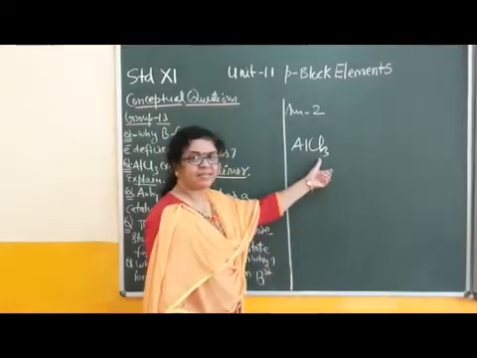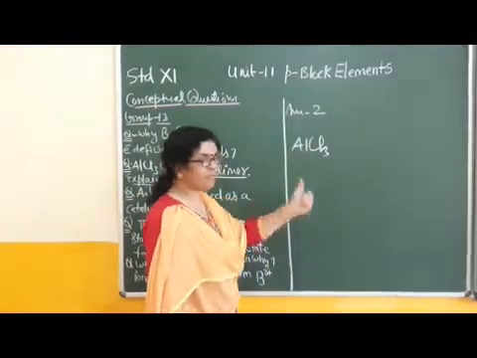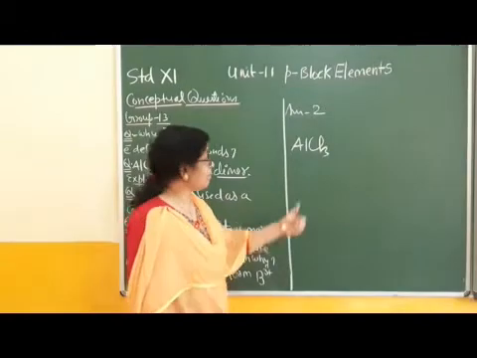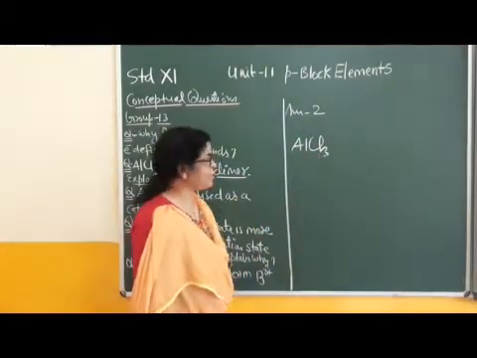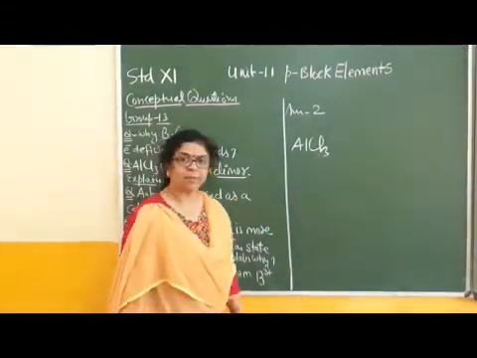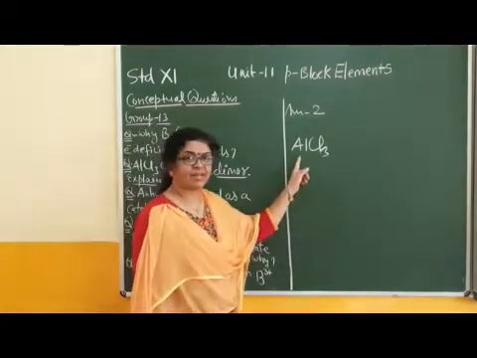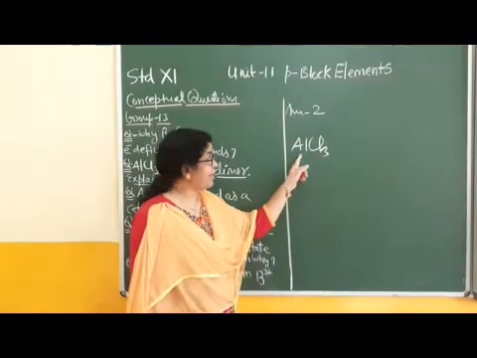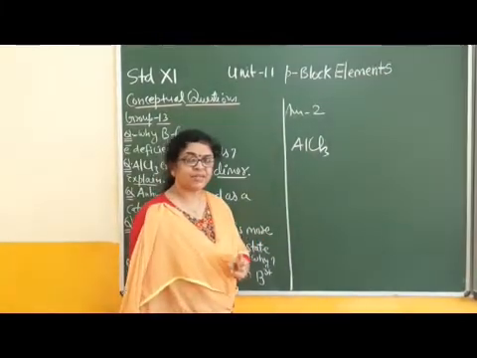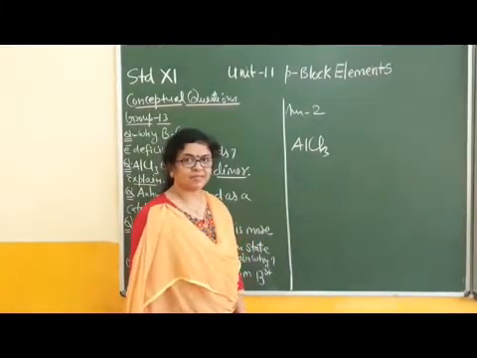Children, same combining tendency. What is the valency of this aluminium? Plus 3. The combining capacity is 3. Incomplete octet is present. 3 valence electrons of its own and 3 valence electrons from 3 different chlorine atoms.